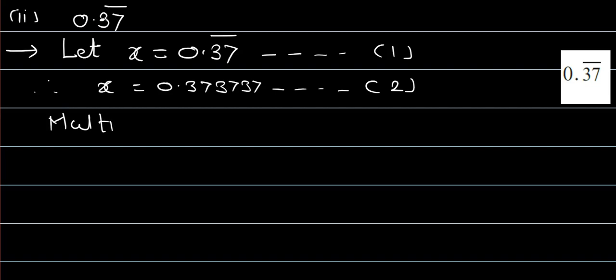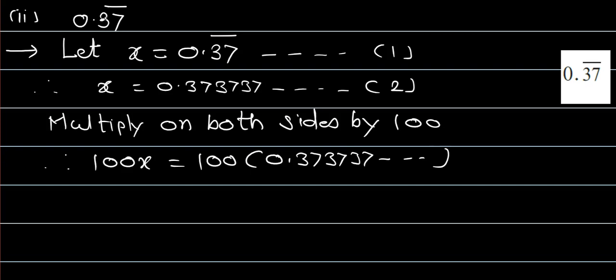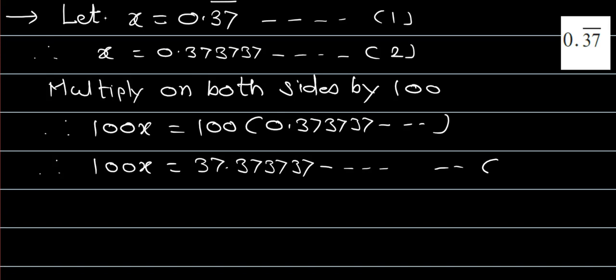Multiply on both sides by 100. Therefore 100x equals 100 times 0.373737 dash dash, that is 100x equals 37.373737 dash dash. This is equation number 2.